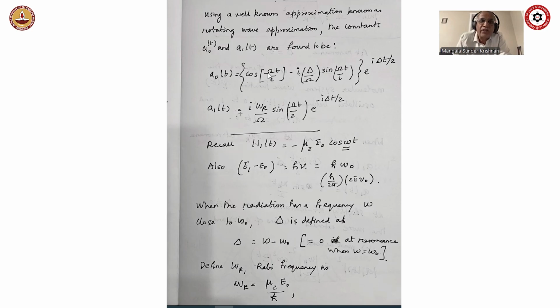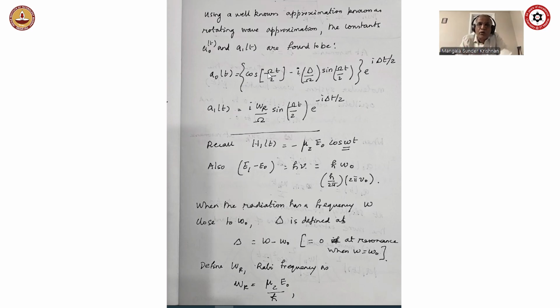And a1 of t is i, a factor called omega r, the Rabi frequency, divided by the same omega, sine omega t by 2, times e to the minus i delta t by 2.